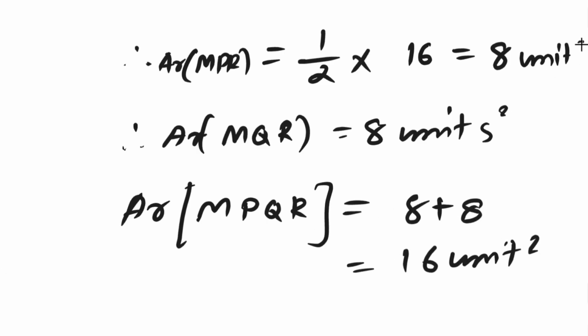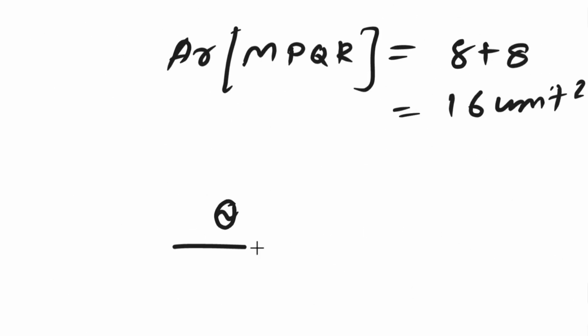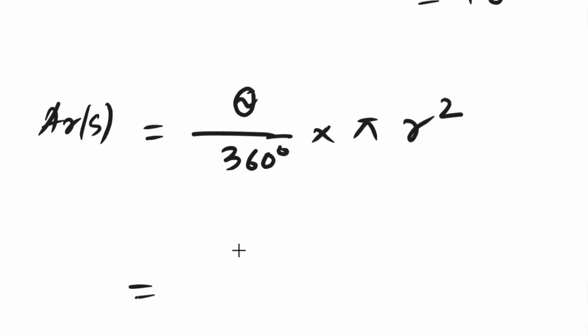Great. Now let's find the area of the sector. The formula for the area of a sector is theta divided by 360 multiplied by pi multiplied by radius squared. In this problem, theta is 90 degrees and the radius is 4.